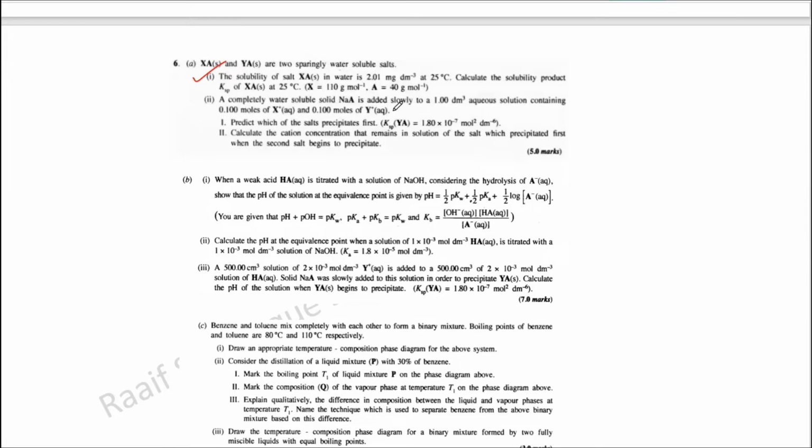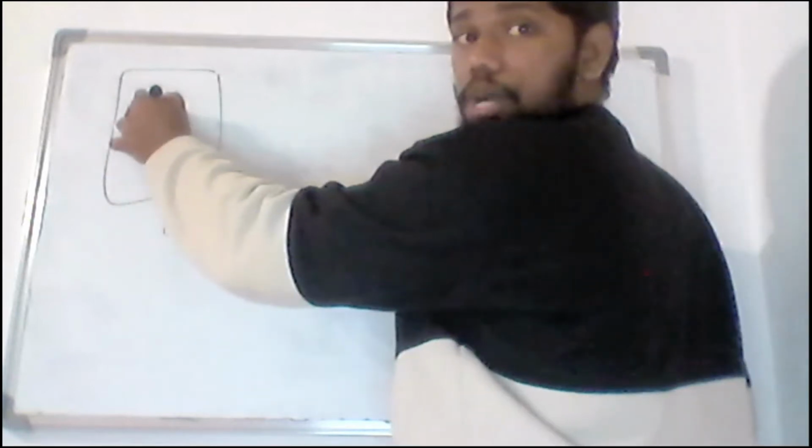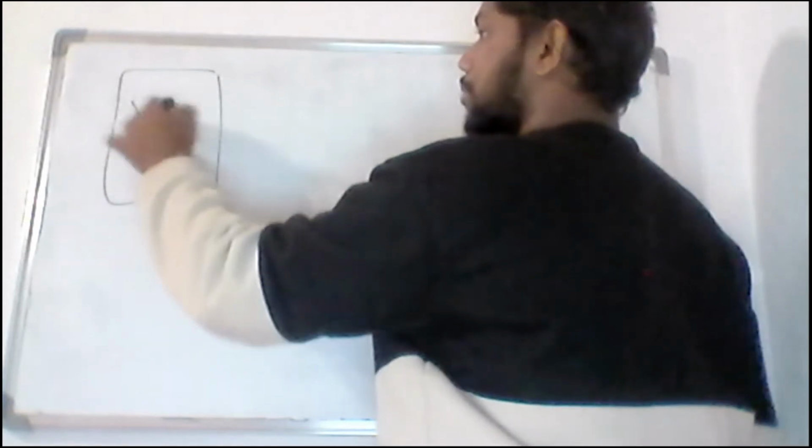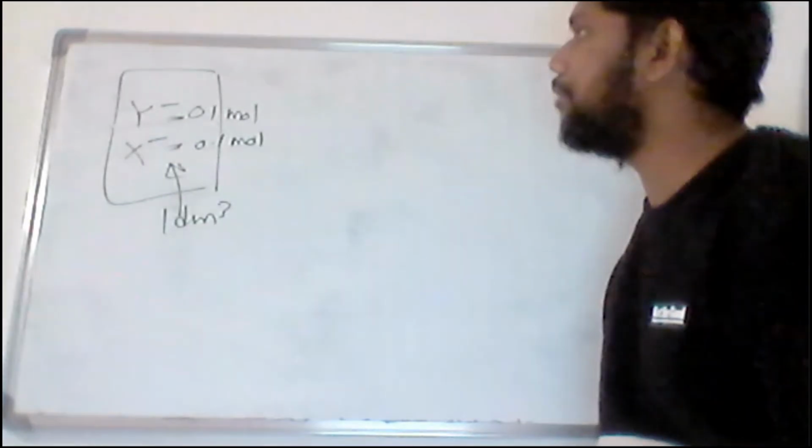Remember, all these are theory, don't forget to remember that. So we have a 1 decimeter cubed solution, and their amounts are given: 0.1 moles of Y plus and 0.1 moles of X plus.